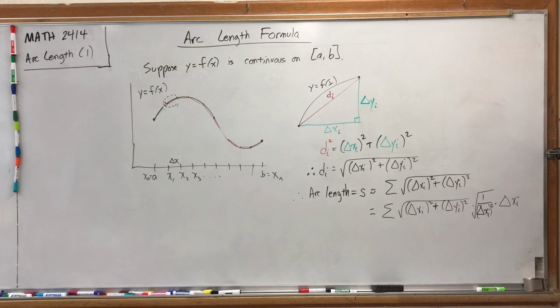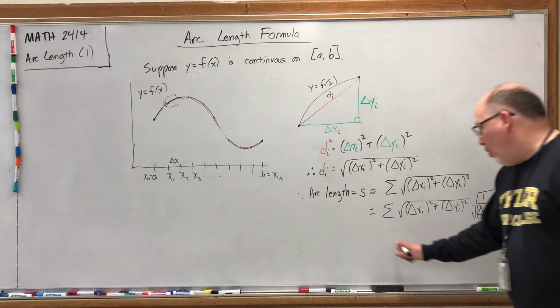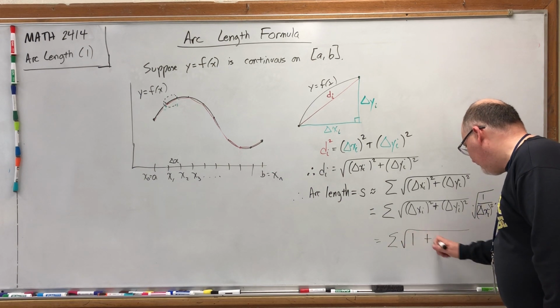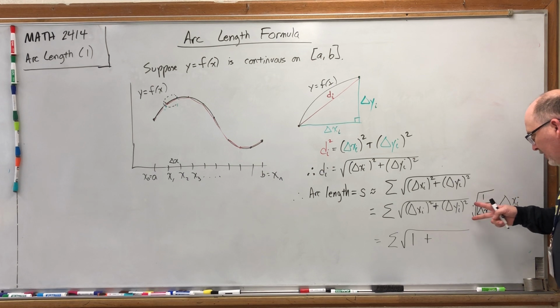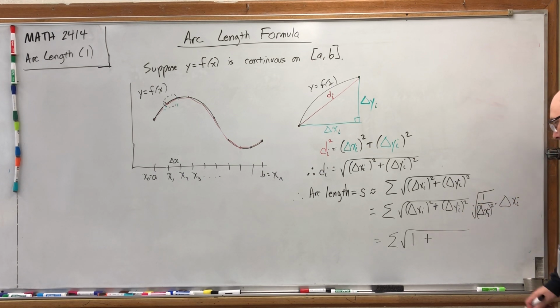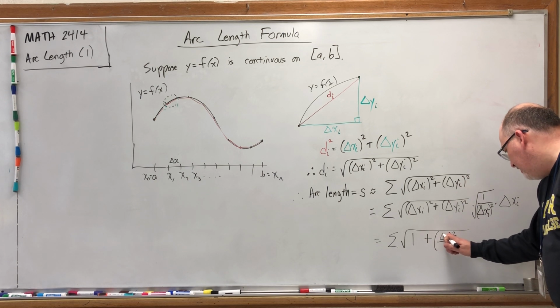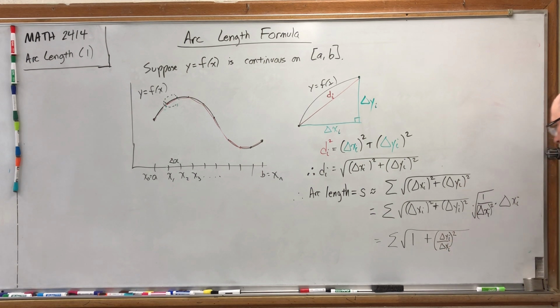But think about what will happen when I do that. When I move this 1 over delta x squared into the other square root and distribute it, this 1 over delta x squared times this delta x squared will multiply to give me 1. But this 1 over delta x squared, when multiplied times this delta y squared, I can combine those into a single fraction and have delta y over delta x collectively squared.